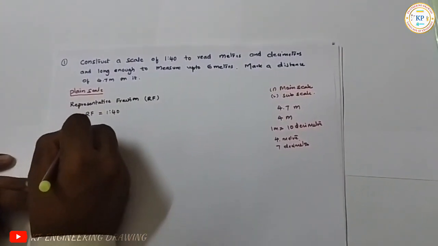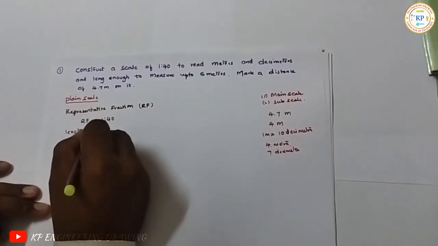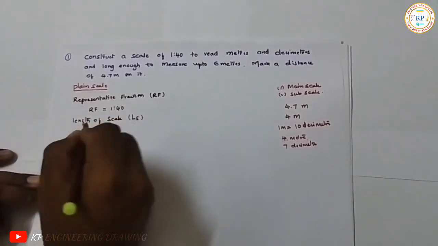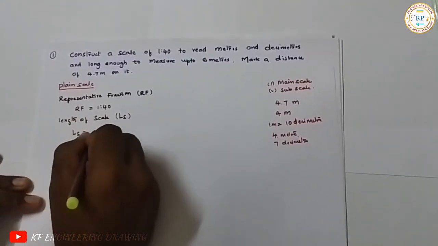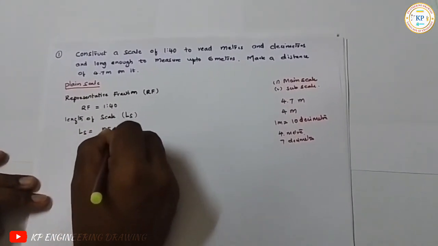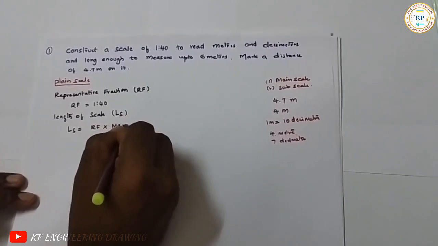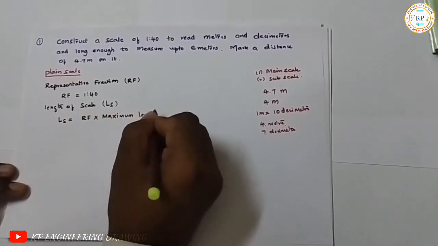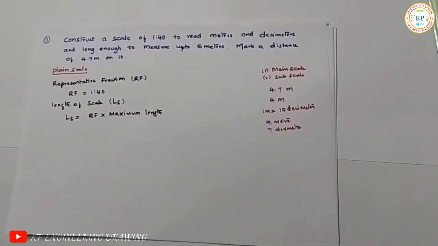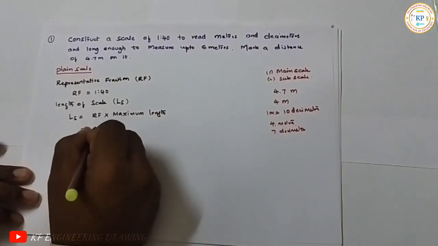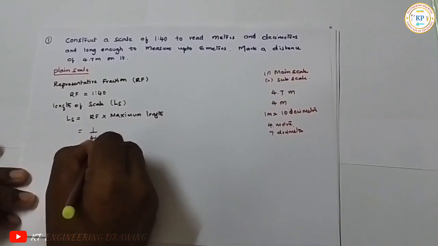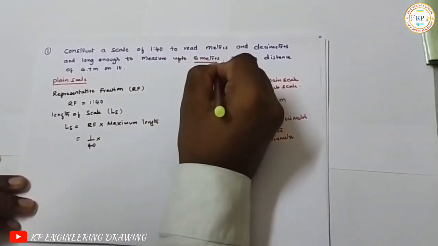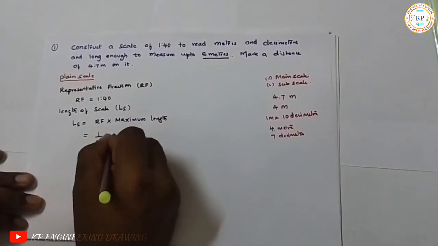And one more, it is length of scale, LS. So what is LS? LS is equal to RF into maximum length or maximum distance. Already we have RF, that is 1/40, and the maximum distance in the problem is given as 6 meters.